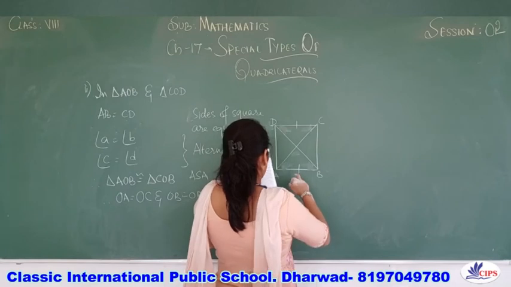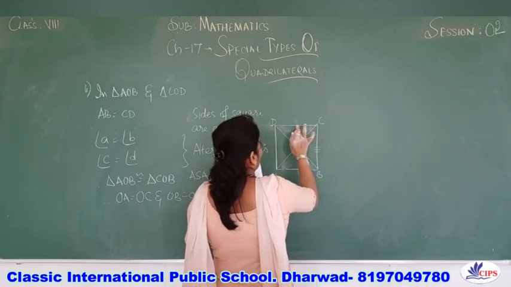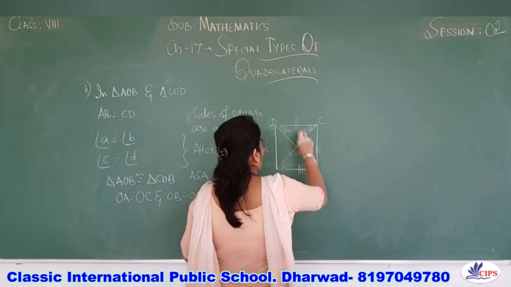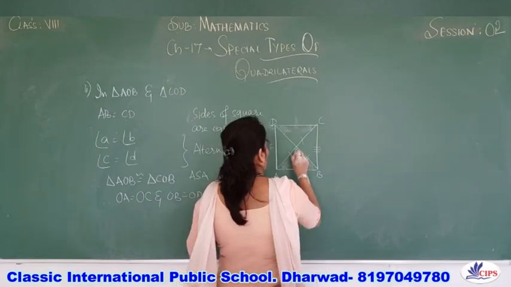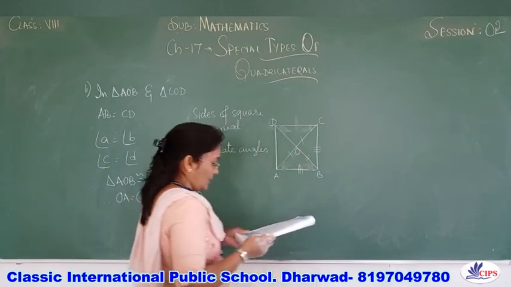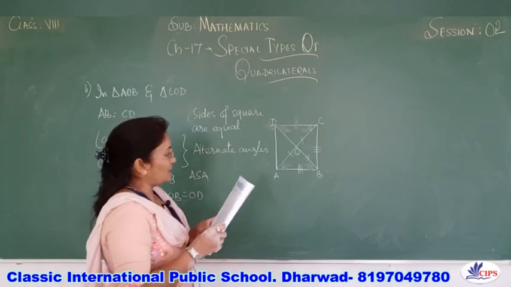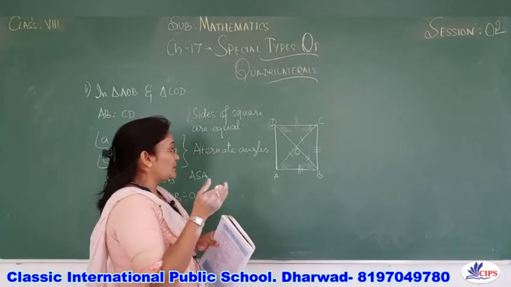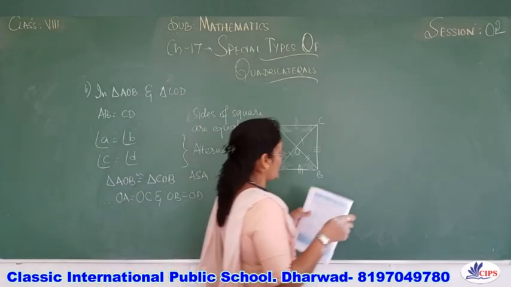Here these two sides are equal, marked like this. This is O. Now we will consider triangles AOB and BOC, which stand on a straight line, so those angles will be 90 degrees.